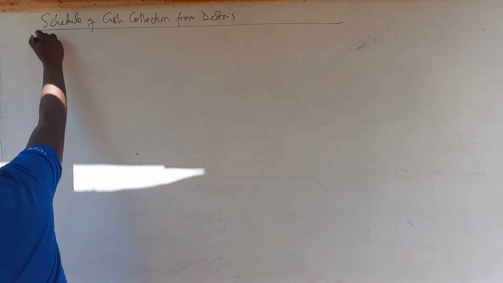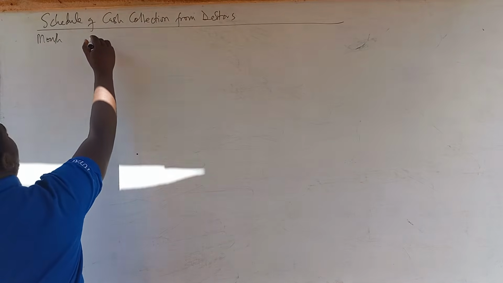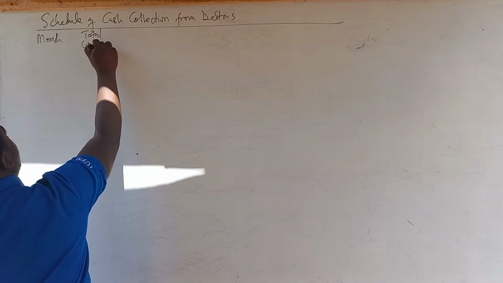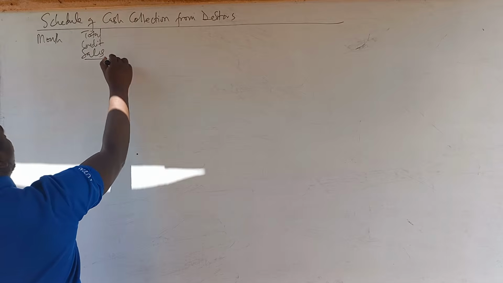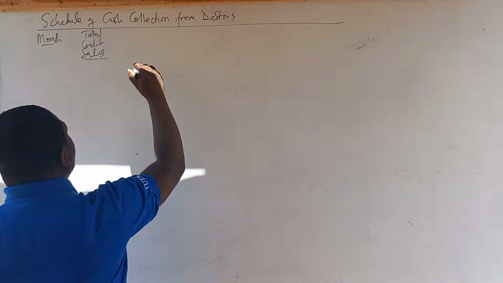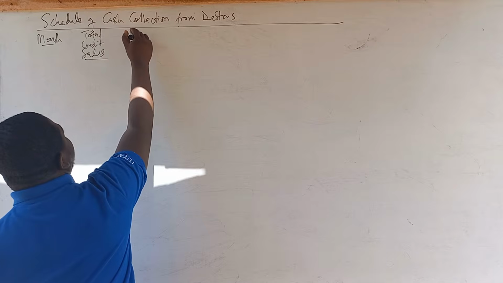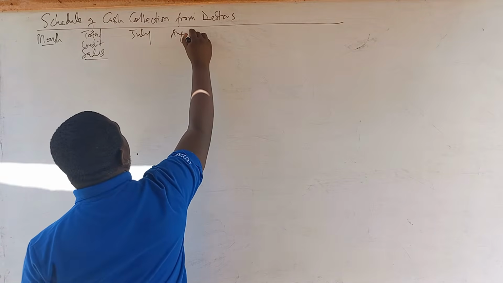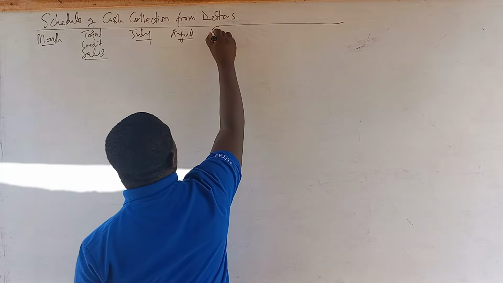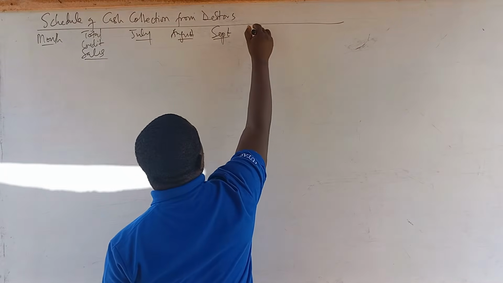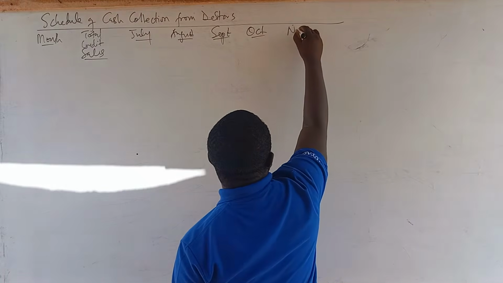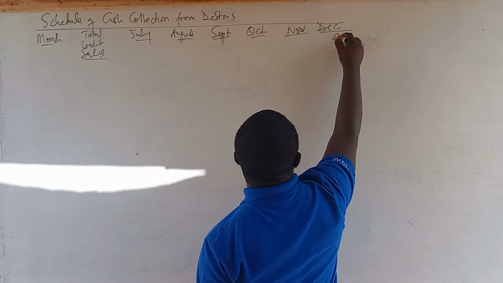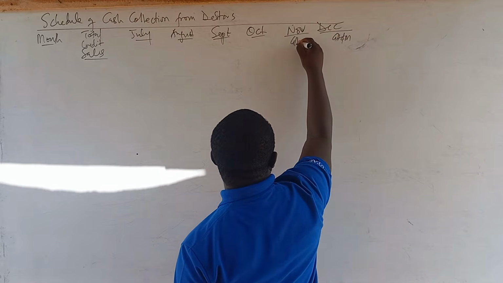The first column, I'll call the month, and the next column total credit sales, which in this case is the whole month's sales that is on credit. Then we'll start listing the months: July, August, September, October, November, and then December. I show my currency sign in millions of cedis.